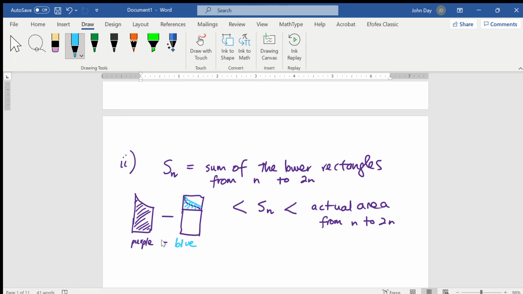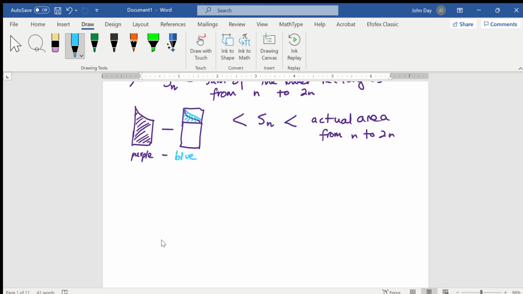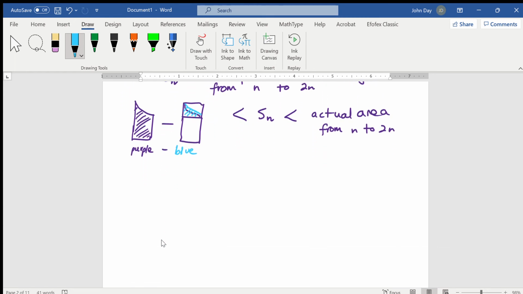I don't know how to describe that, but I would need to explain myself. I might try and explain it by saying the difference between the upper and lower rectangle strips averaged out.